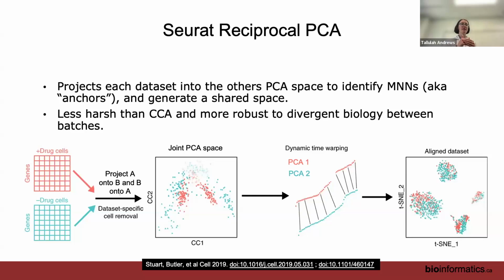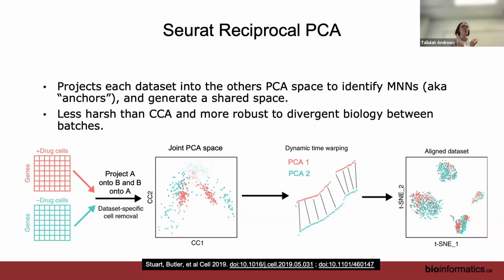Only now to calculate those mutual nearest neighbors, instead of doing the CCA to find a joint space, it takes the PCA of one data set, calculates the PCA of the other data set. It takes data set 1 and projects it onto the PCA space of data set 2. It takes data set 2 and projects it onto the PCA space of data set 1.